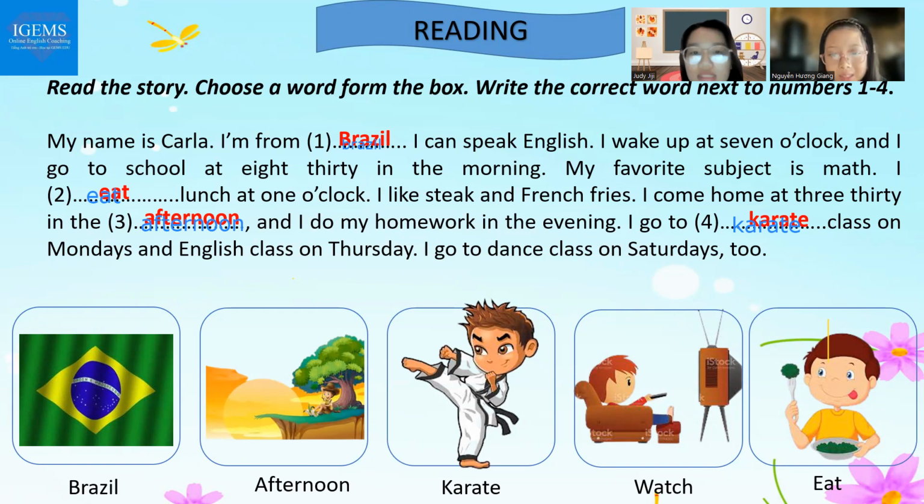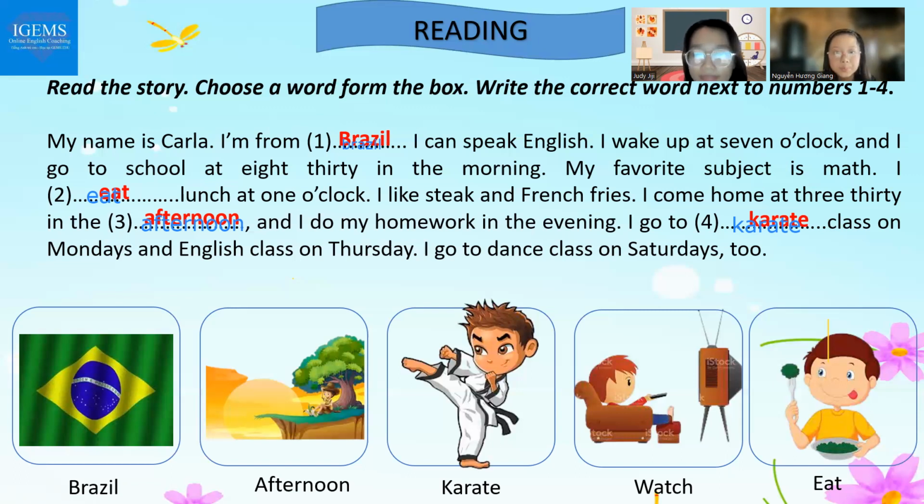I like steak and French fries. I come home at 3:30 in the afternoon and I do my homework in the evening. I go to karate class on Monday and English class on Thursday. I go to dance class on Saturdays too.